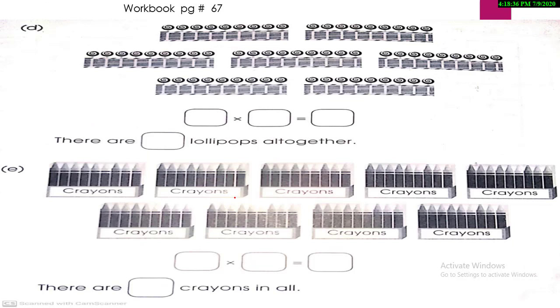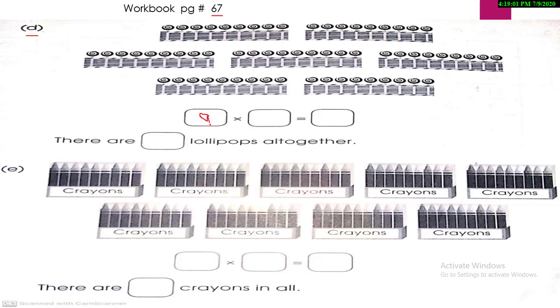Let's move to the next page, that is 67. Okay, the same concept, but the part is on the new page, that is part D. Let's do it. How many lollipops are there altogether? So there are 9 lollipops in each group. So you will mention 9 over here.